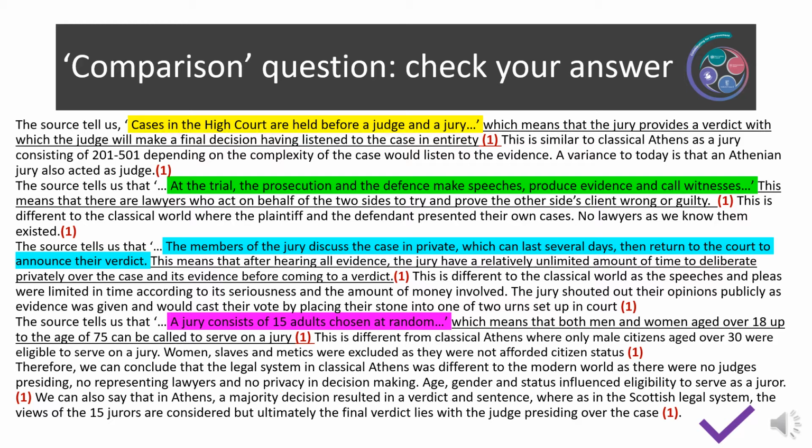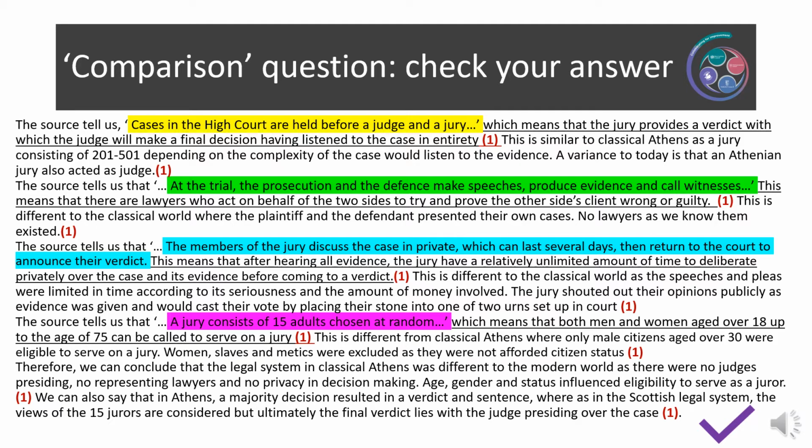This is similar to classical Athens, as a jury consisting of 201 to 501, depending on the complexity of the case, would listen to the evidence. A variance with today is that an Athenian jury also acted as judge.